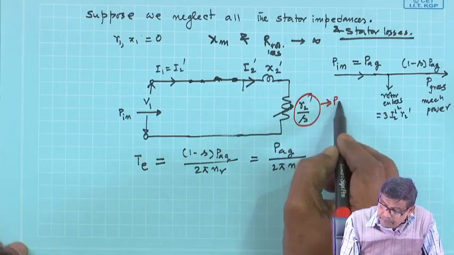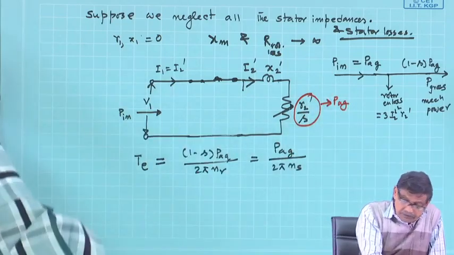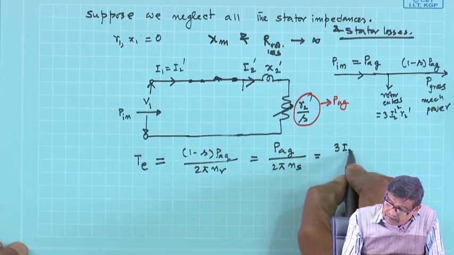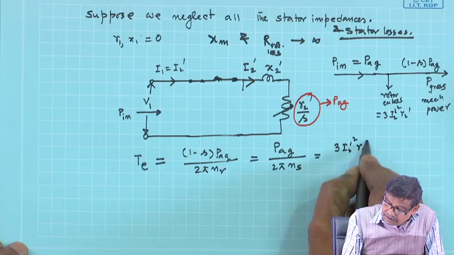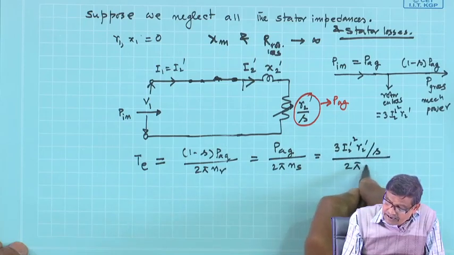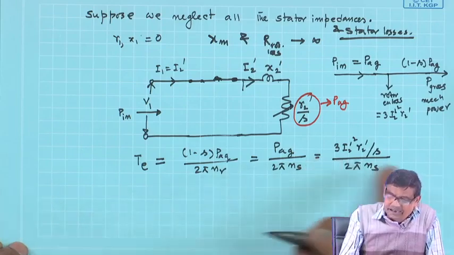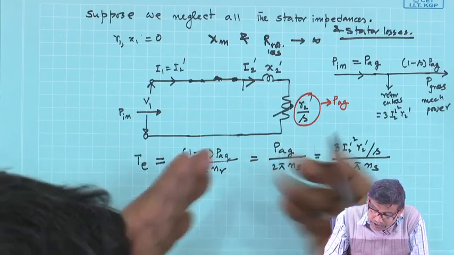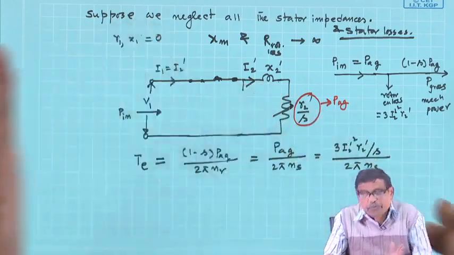This is PAG. So, this will be 3 I2 dash squared R2 dashed by S by 2 pi ns. I could write straight away for any machine's equivalent circuit, torque developed is the power here divided by 2 pi ns.